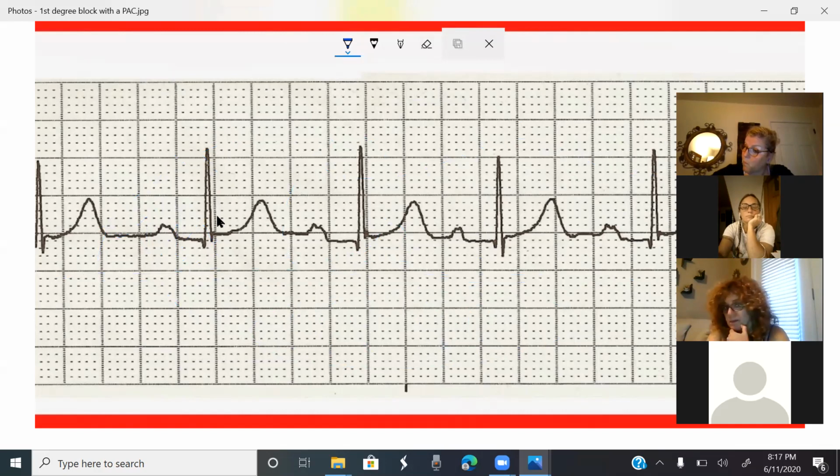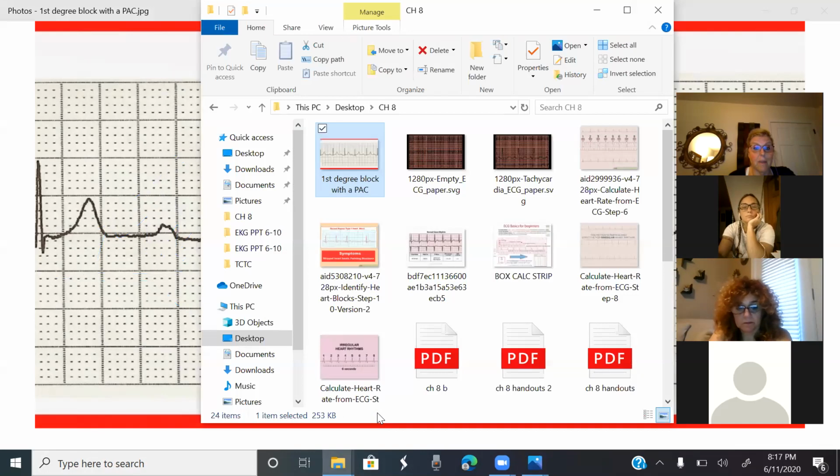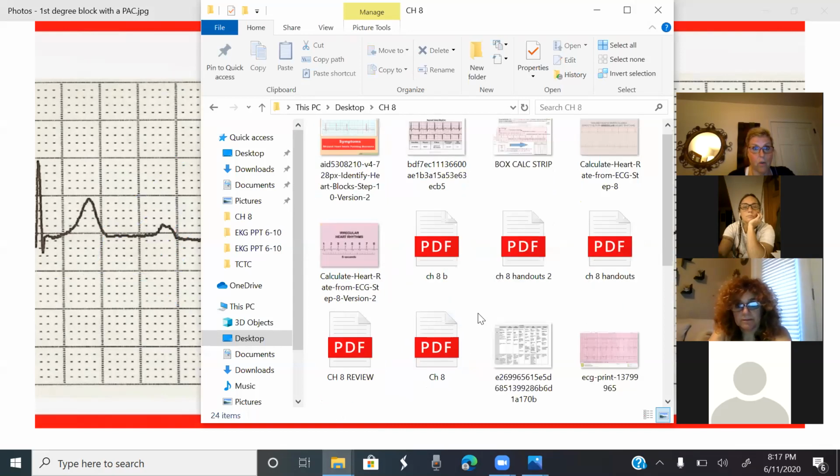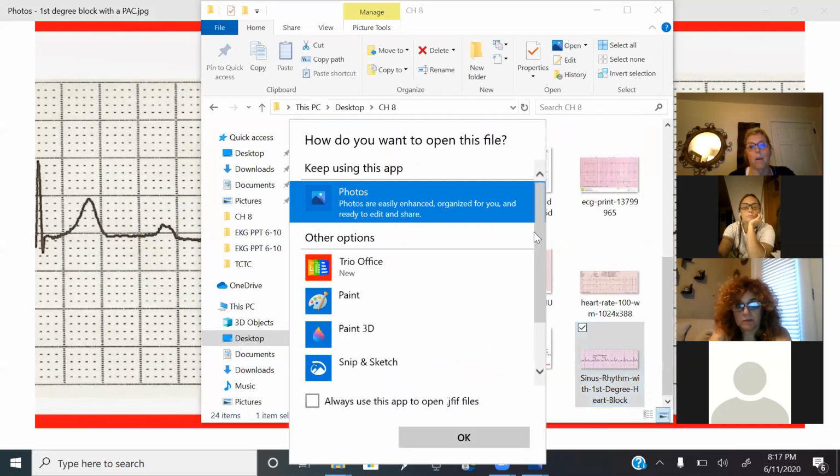Okay, so I've got some here. Hold on, everybody hold tight, because I have actual rhythm strips that I got from the other website where I got the guest question. Here's another one with a first degree heart block. Oh, let's look at that. No, we don't want that.